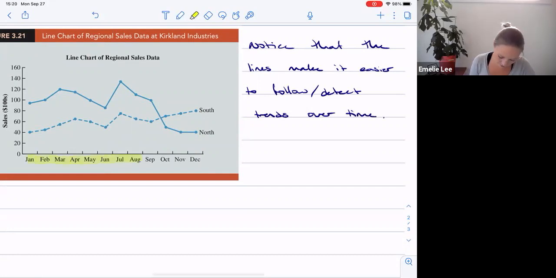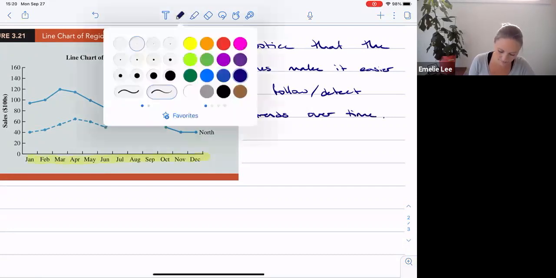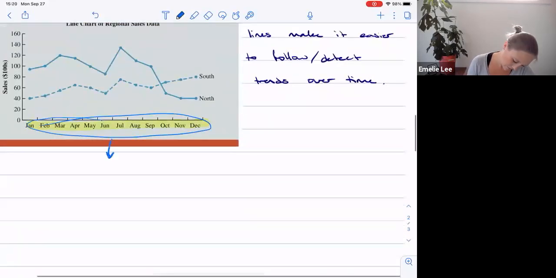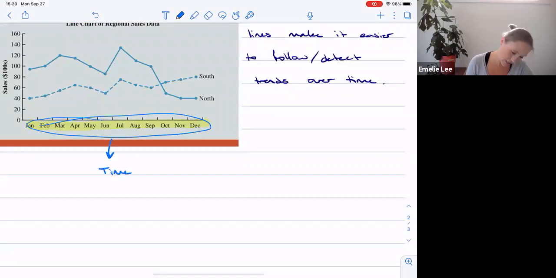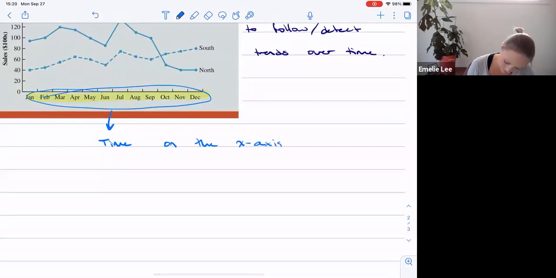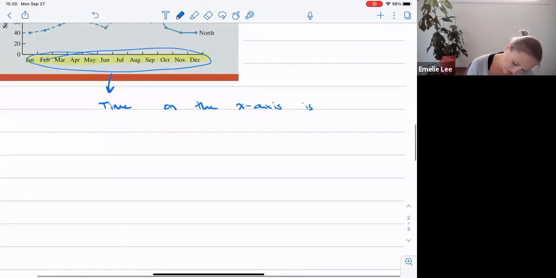So when we have a time variable, in this case, it can be months, it can be minutes, it can be years, it can be quarters, so any measurement of time, minutes, hours, whatever. So when we have time on the x-axis, that is called a time series.